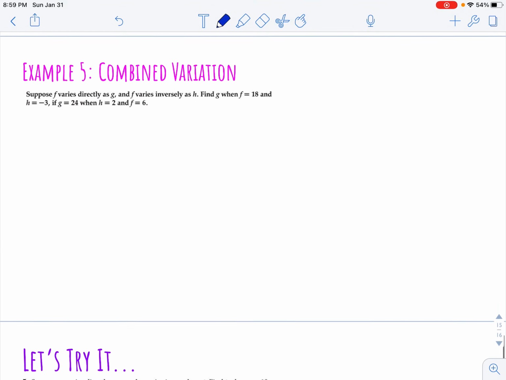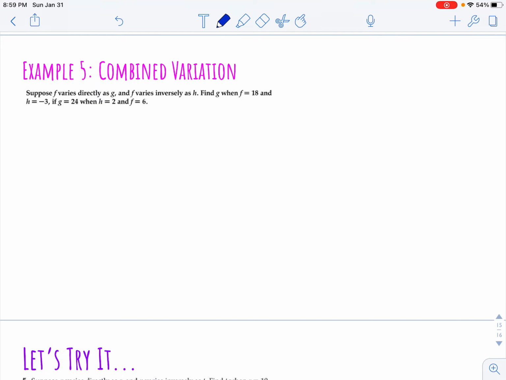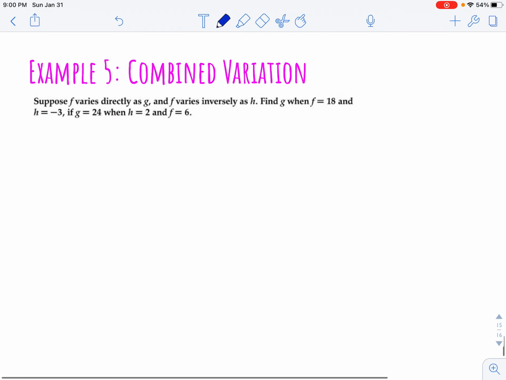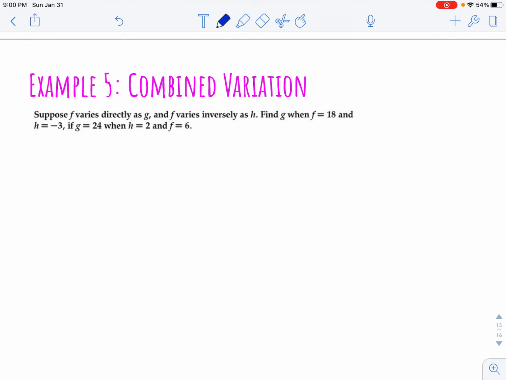And our last example is our combined variation. So it says, suppose f varies directly as g and f varies inversely as h. Find g when f equals 18 and h equals -3, if g equals 24 when h equals 2 and f equals 6. So the first thing you want to do is remember from your combined variation that your proportions are equal to each other.